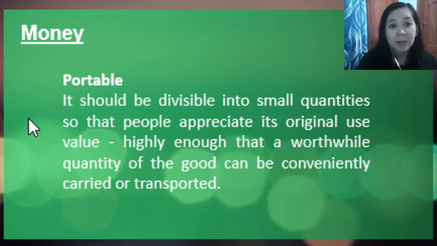So it should be divisible into small quantities so that people appreciate its original use value, and it's high enough that the worthwhile quantity of the good can be conveniently carried or transported.